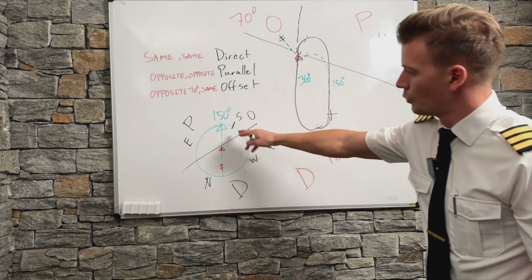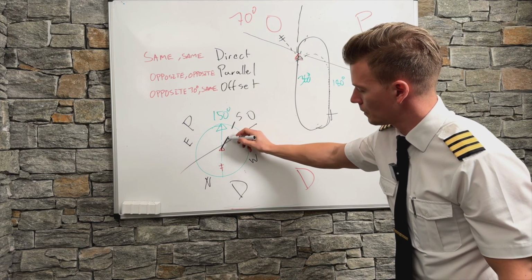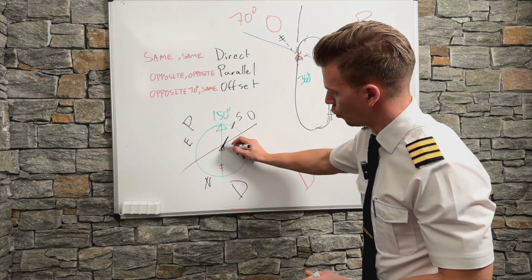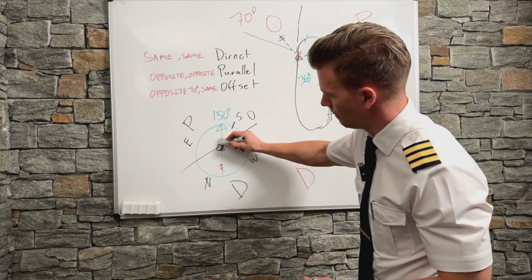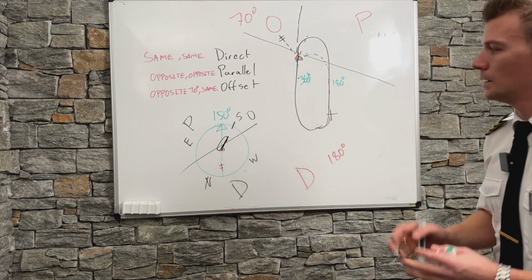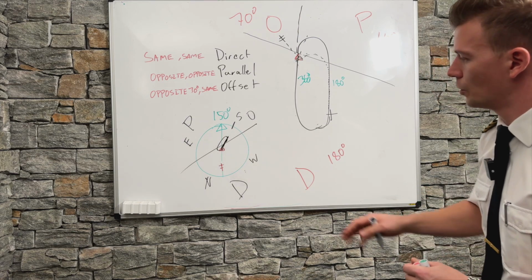So the radial is here. That means we can visually visualize the radial coming towards the fix, right turn, like this, okay? That is a correct representation of the hold based on our position.